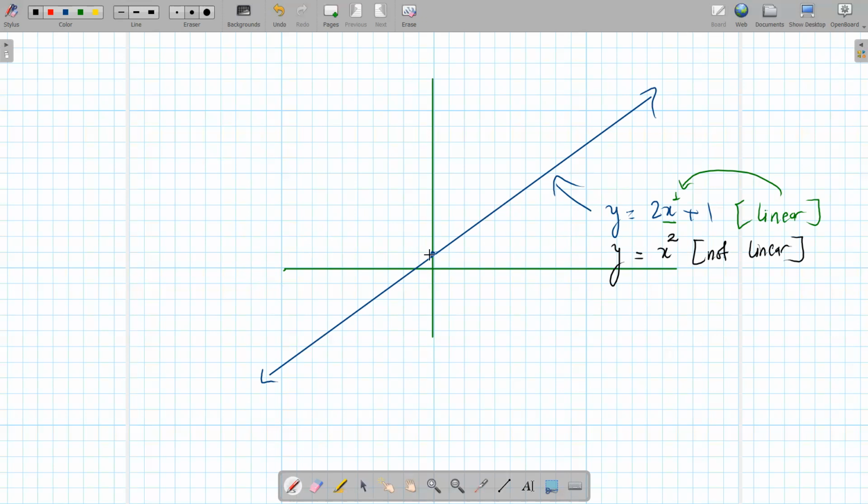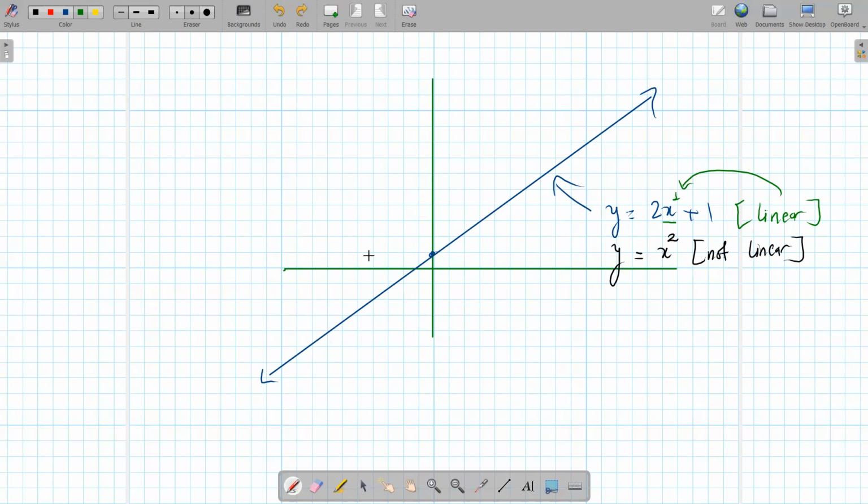What do you think it's going to look like? Is it going to have 2 different lines? There's no wrong answer here. What do you think it looks like? I don't really know.